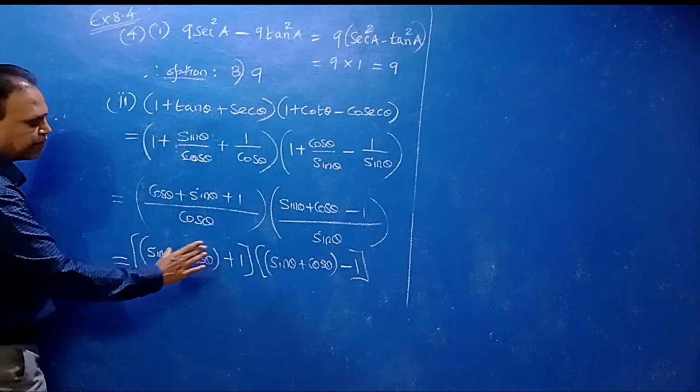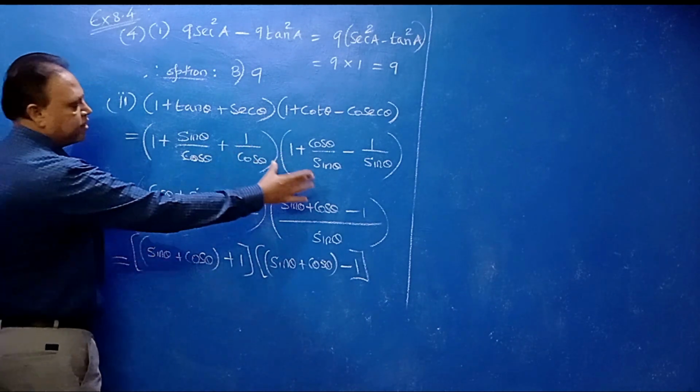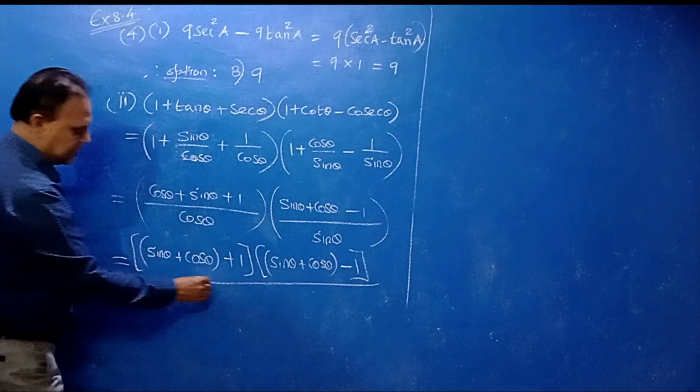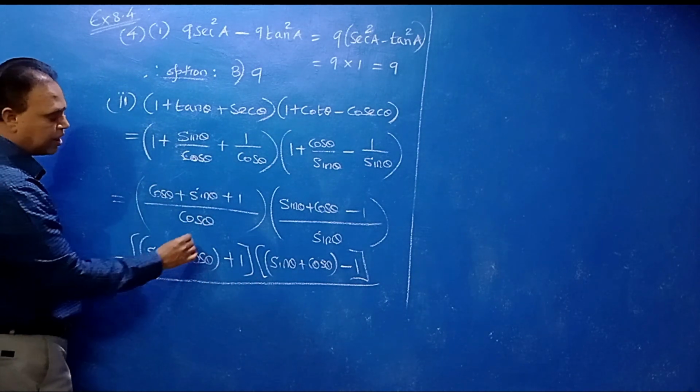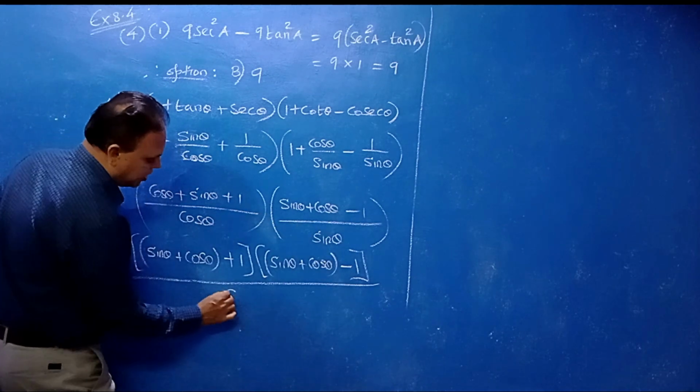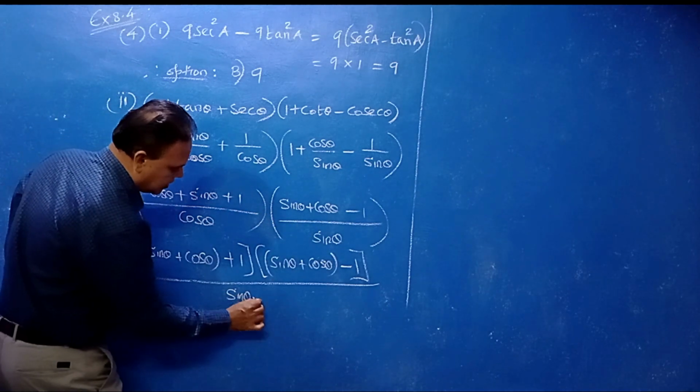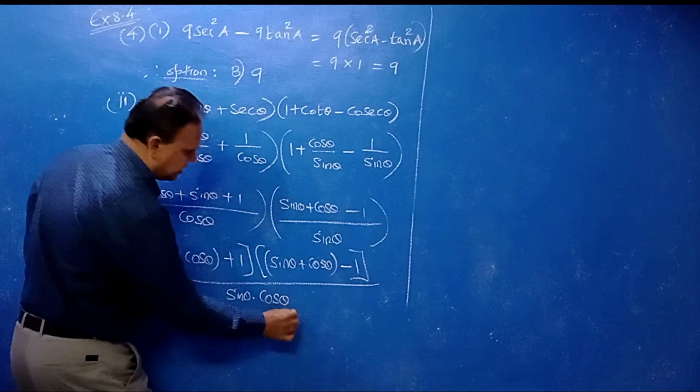The denominators: cos theta into sine theta is sine theta cos theta.